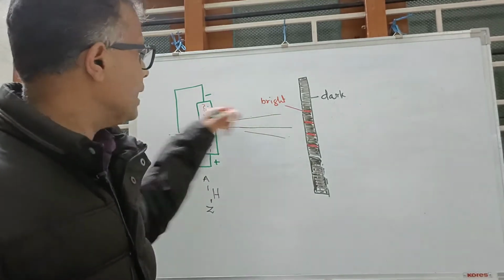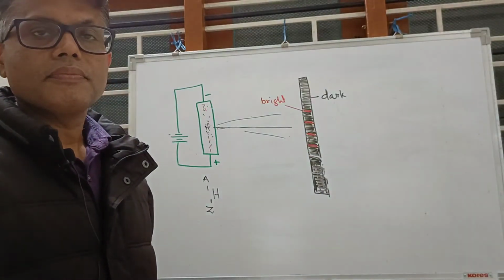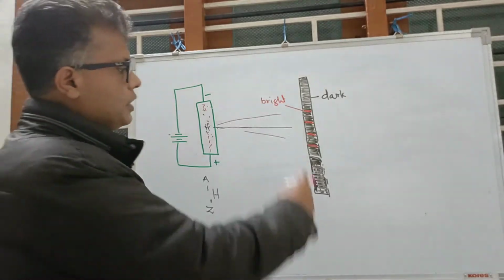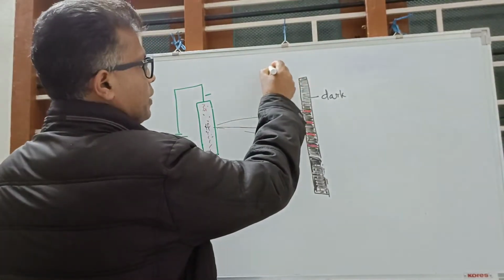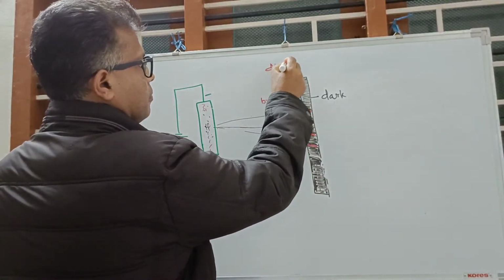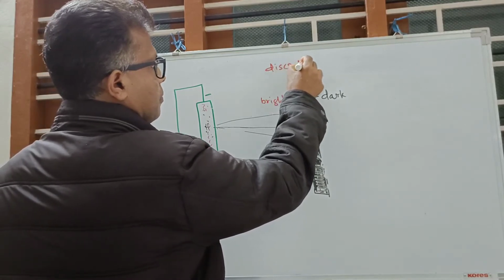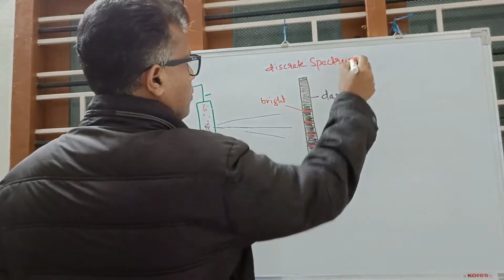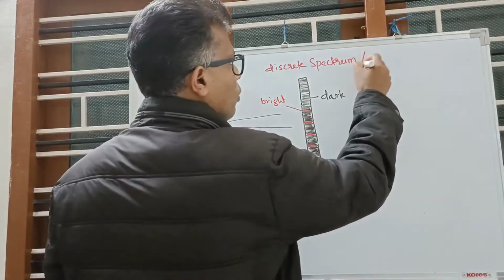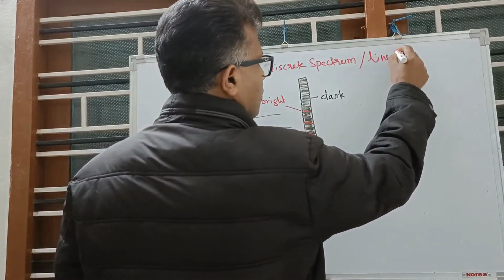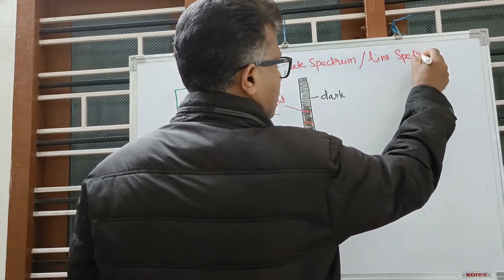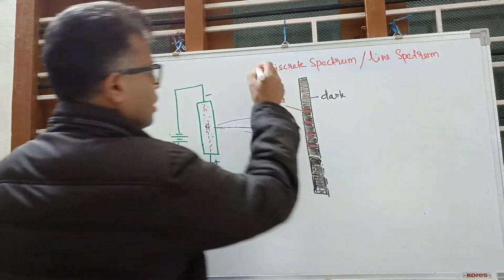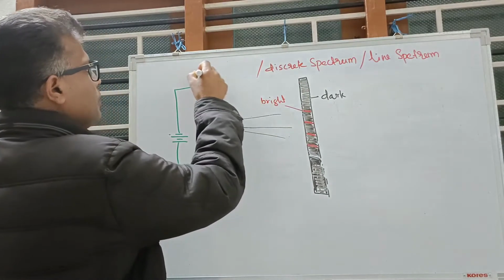So, a given radiation. Clear, no? This spectrum is called discrete spectrum, or line spectrum, or emission spectrum.